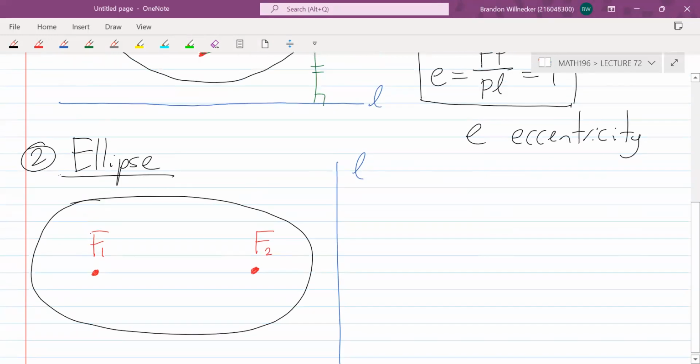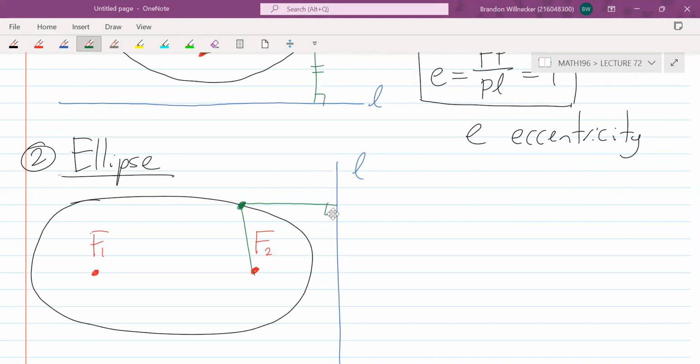Again, we can define it in terms of this eccentricity value. We pick a point on the perimeter like that. This distance divided by this distance here gives us our eccentricity value.